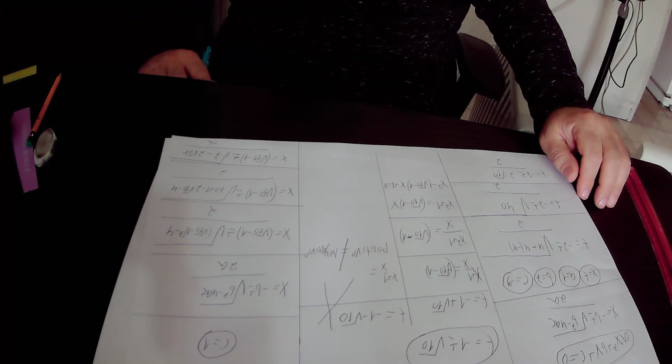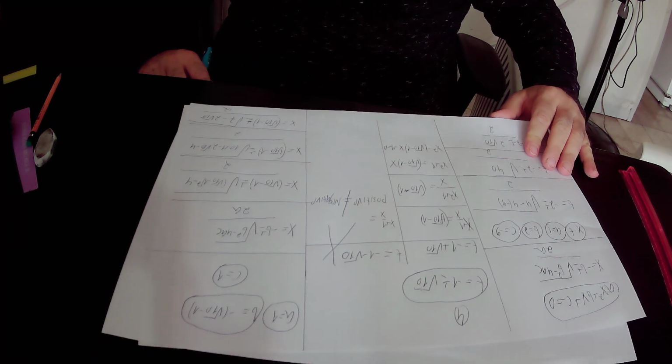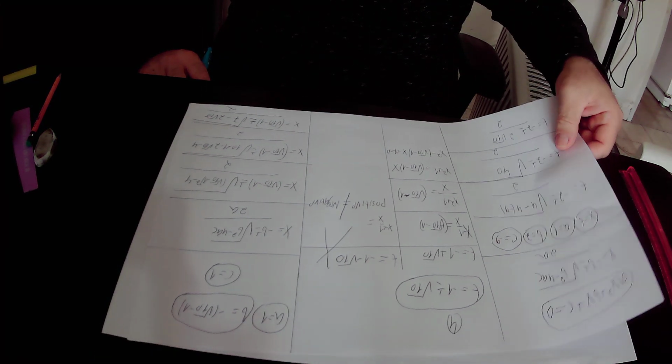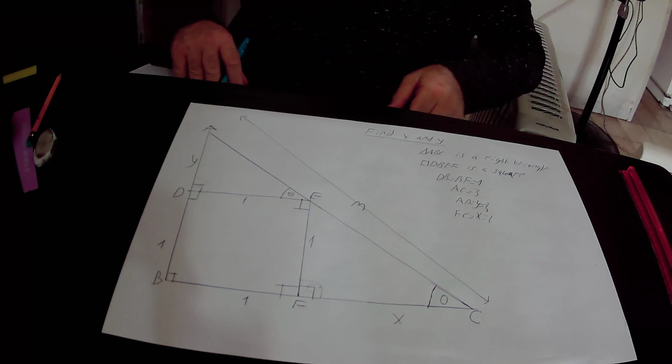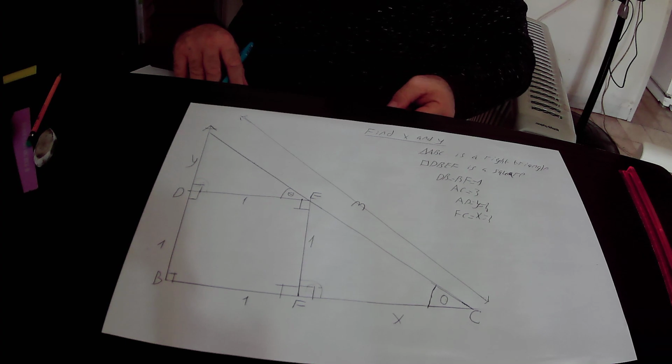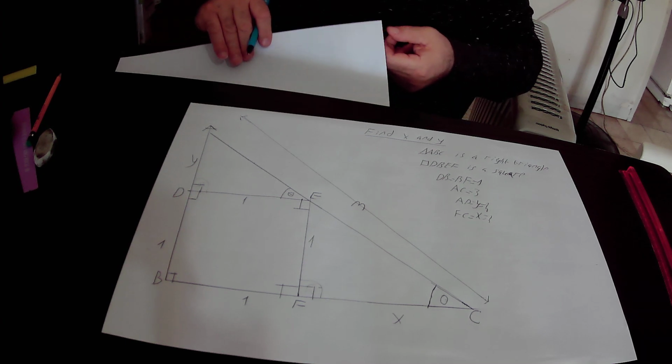So first of all, we'll find out the value of 7 minus 2 times square root of 10. What is the value of 7 minus 2 times square root of 10?